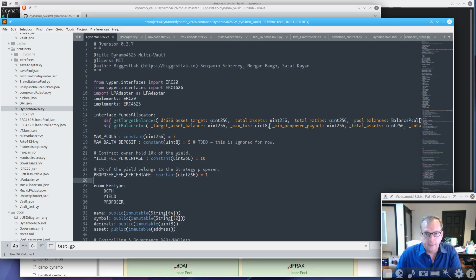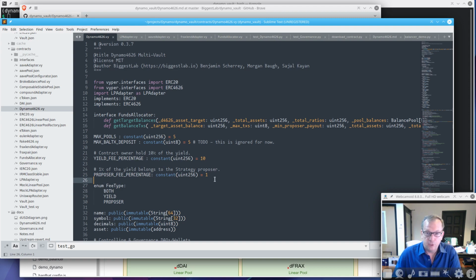A couple of things are fixed at compile time and cannot be changed once the contract is deployed. The maximum number of pools, this is the number of LP tokens or LP contracts that it can manage, is 5 right now. Also the fee percentage that the contract owners take is fixed, and in this case is 10%.